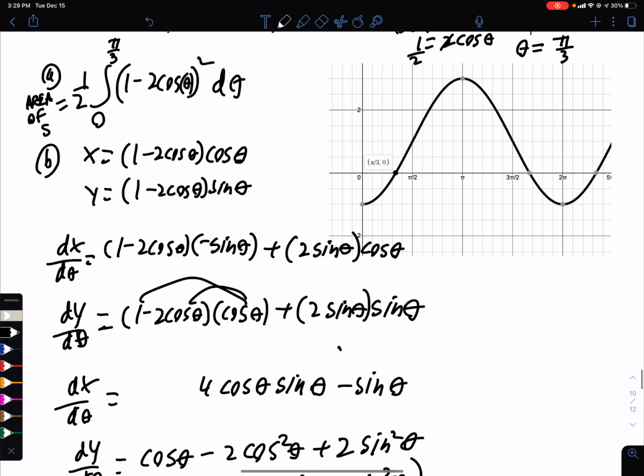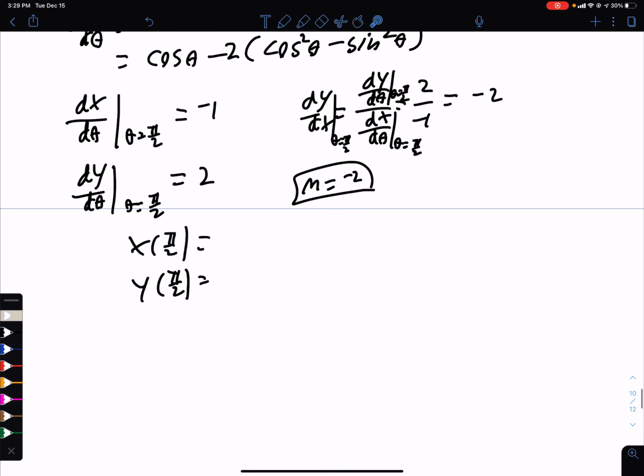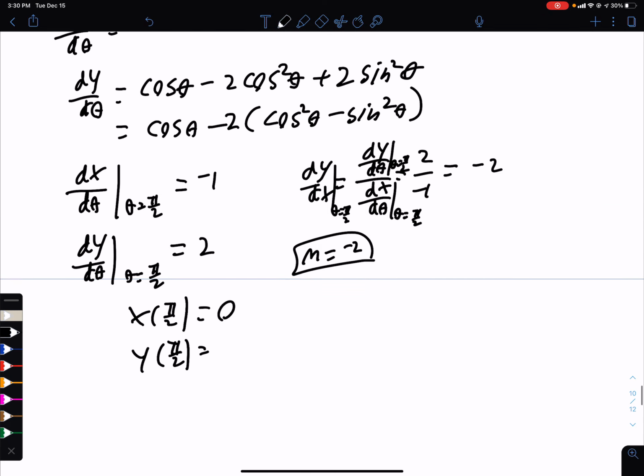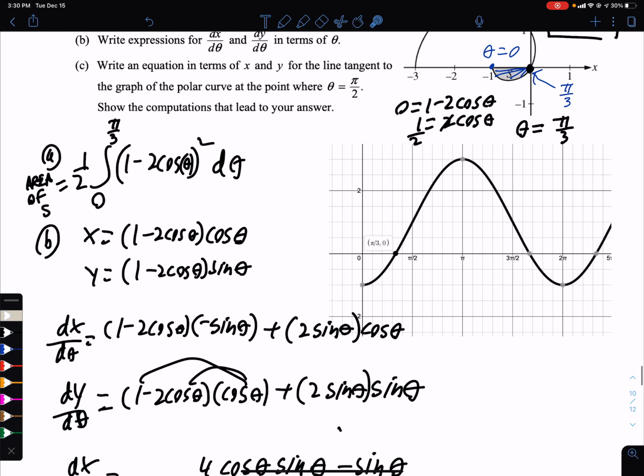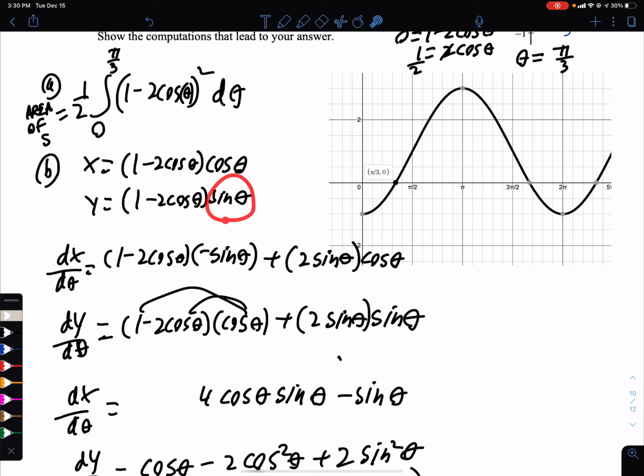Put pi over 2 here. That's 0. That x is just going to be 0. That's pretty easy. Then plug in pi over 2 for y. Sine of pi over 2 is 1, so that's just 1. That's going to be 0, so I'm just going to get 1 for y.